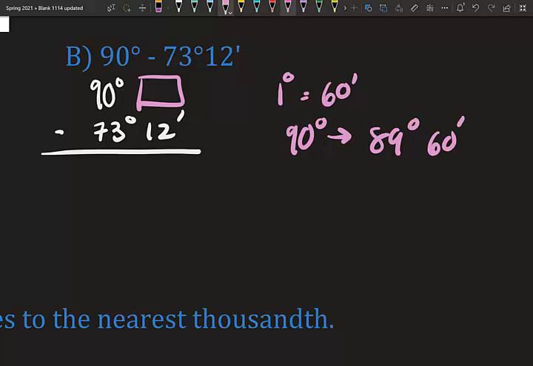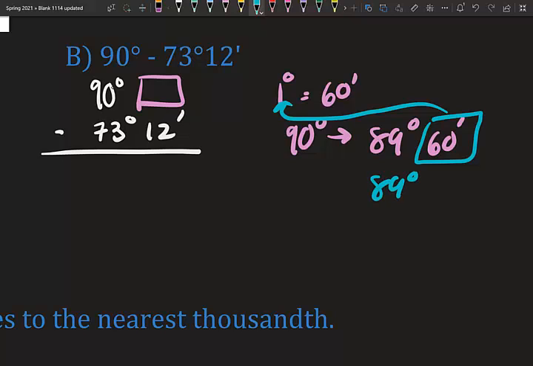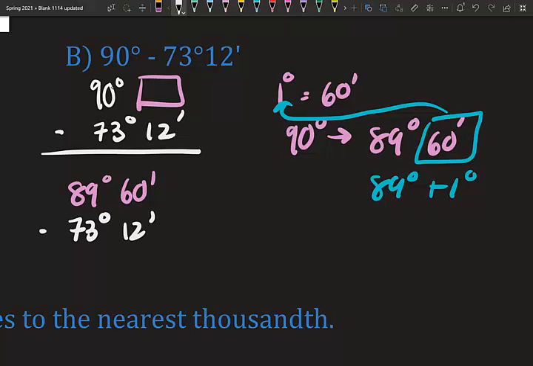Because isn't 60 minutes the same thing as 1 degree? So 89 degrees plus 1 degree, we still have 90 degrees. We just changed the way it looked. So we're going to change this to 89 degrees, 60 minutes, and subtract 73 degrees, 12 minutes.